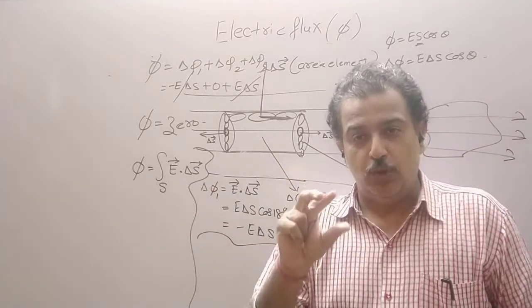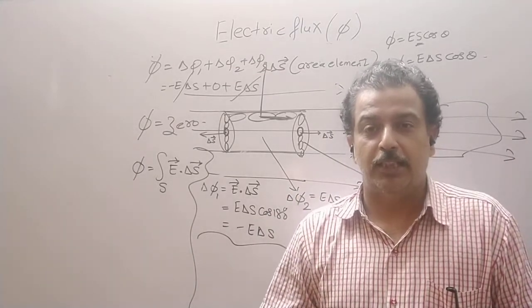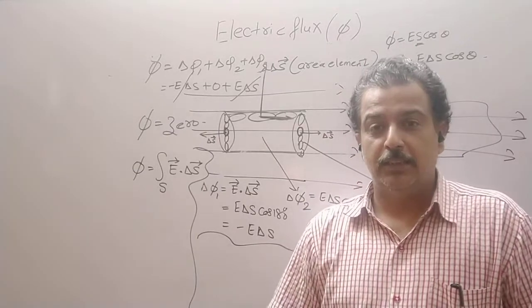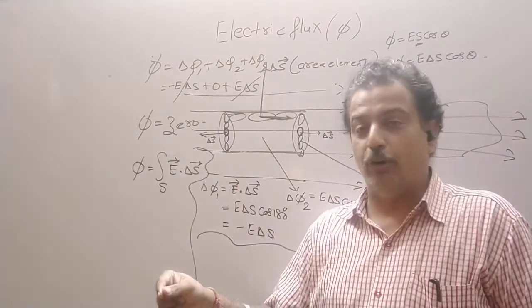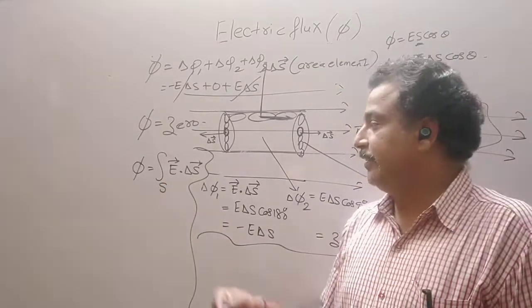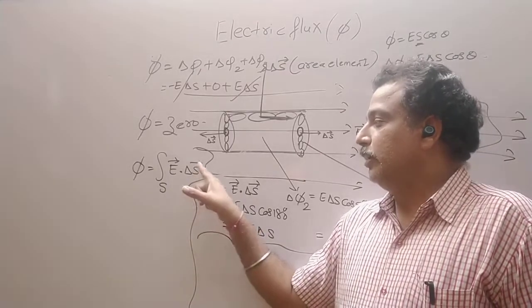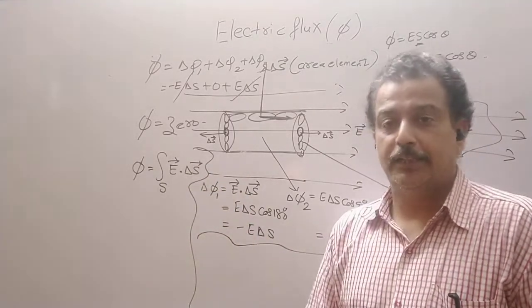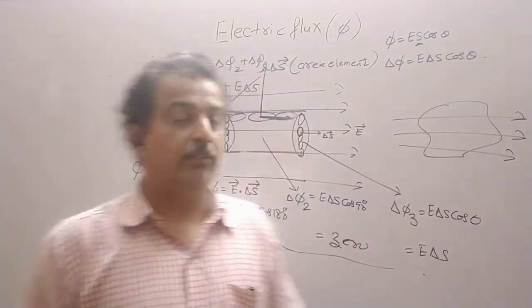So if you have divided the entire surface into small elements, the number will be infinite. And if the number is infinite, even if the field is non-uniform, it becomes uniform for all the area elements, and you have to do the integration with respect to the area or the surface. So this is the electric flux associated with the plane sheet.